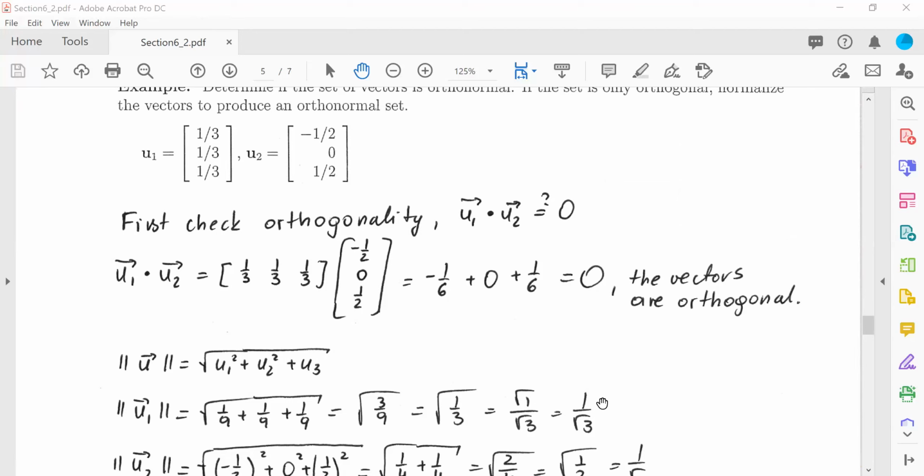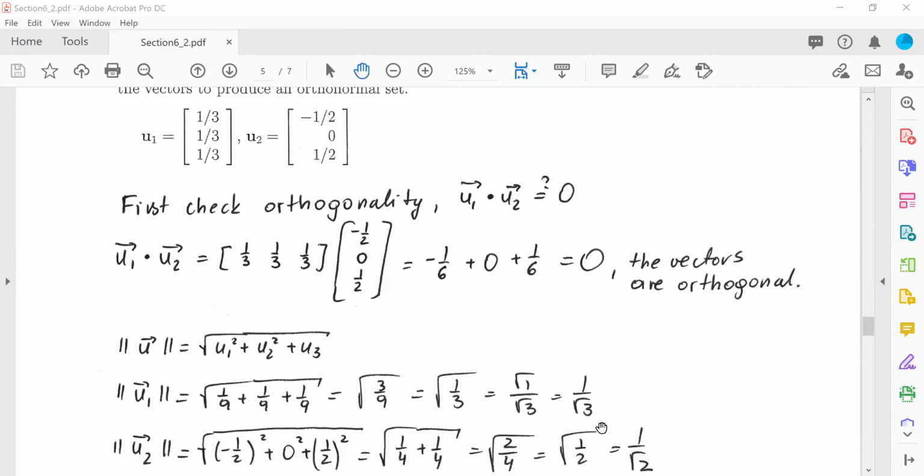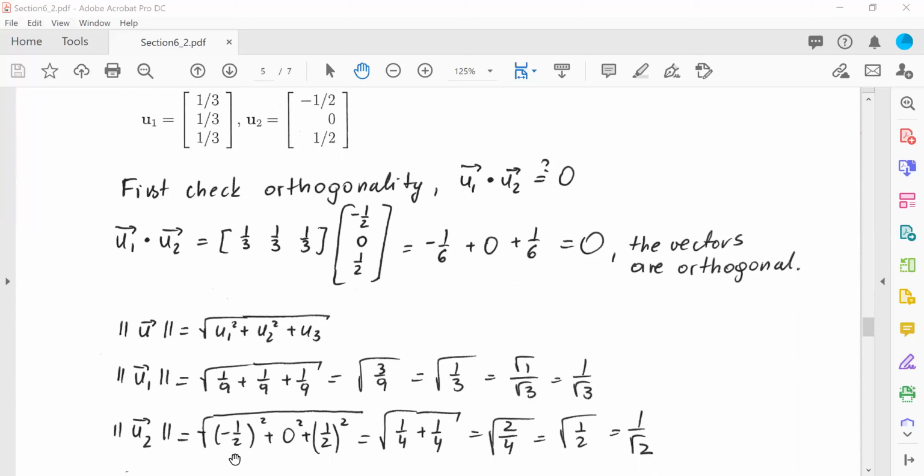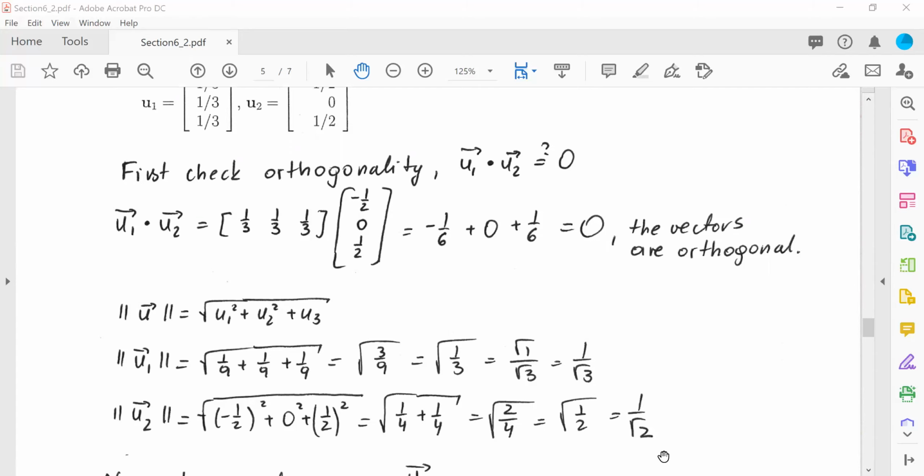And this is 1 over root 3. I will leave it like this for now. I repeat the same. Find the norm or length of U2, squaring the coordinates. So if I do it, I have 1/4 plus 1/4 is 2/4, which is the square root of 1/2, which is 1 over root 2. So the length is not 1.